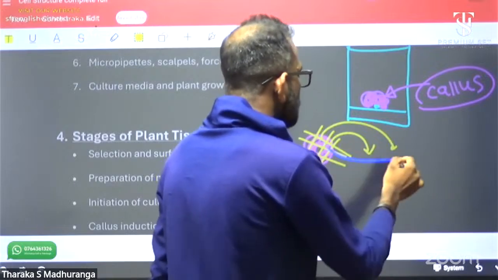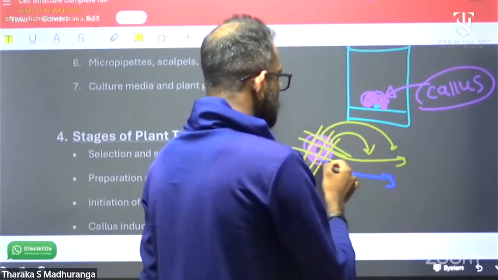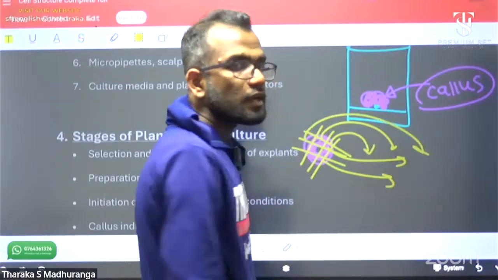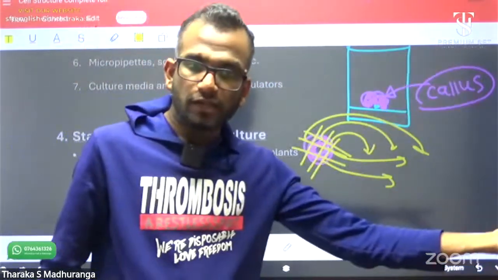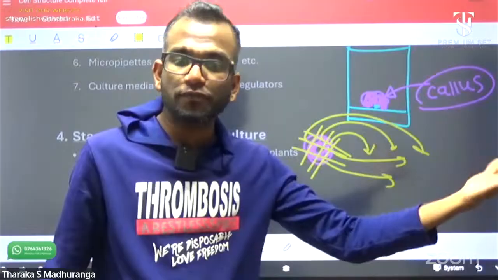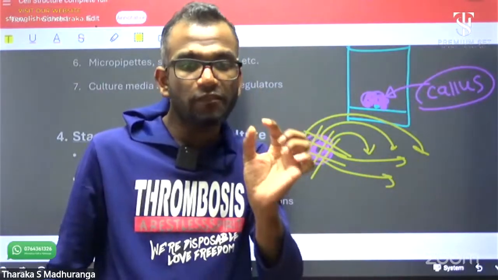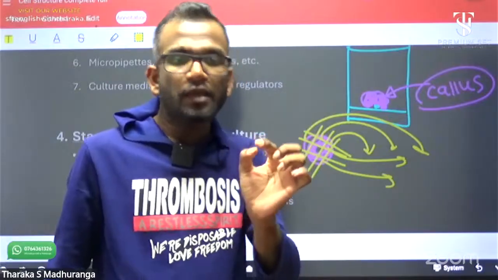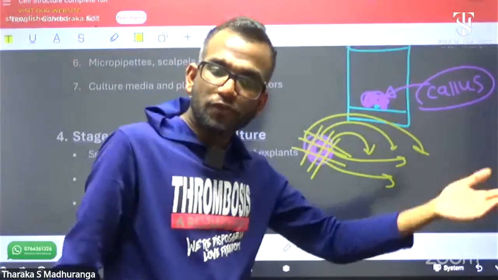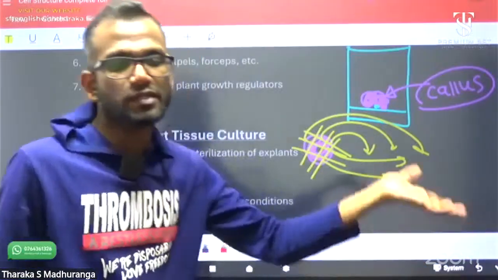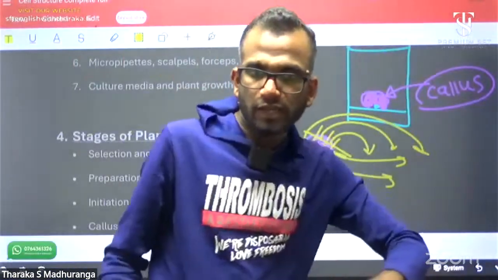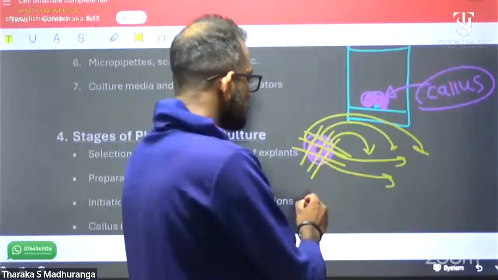So from the same mother plant, the same explant, we can get several plants, a large number of plants, from one plant leaf part. Then again callus formation, and again we can subculture. Normally the recommendation is that you can subculture 7 times.